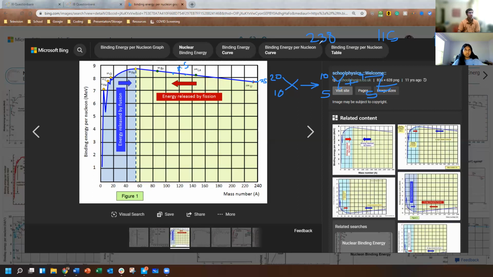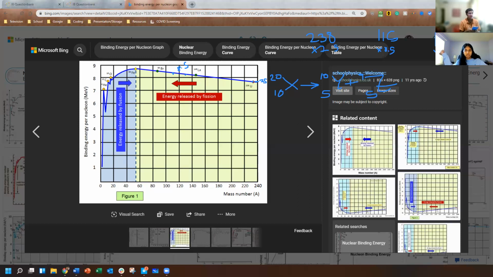So total binding energy wise, this is 7.5 times 238, and that's 115 times 8.5, that times 8.5. So let me just see what the difference is. You can calculate this yourself. Wait, I think I understood it. So binding energy is the energy released when they're formed, right?